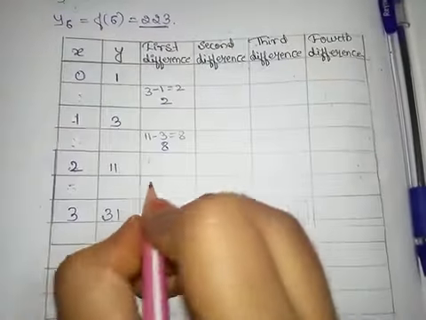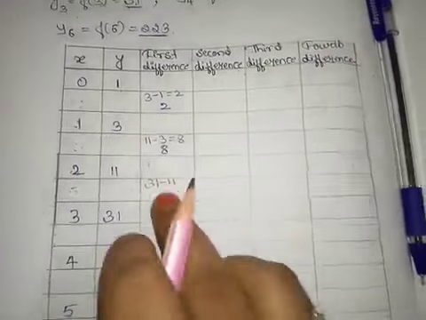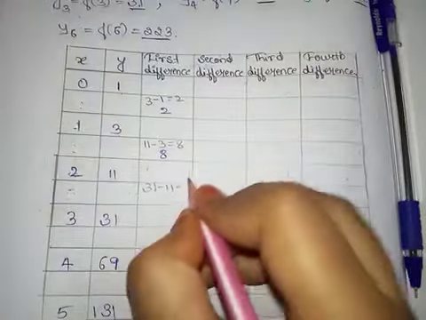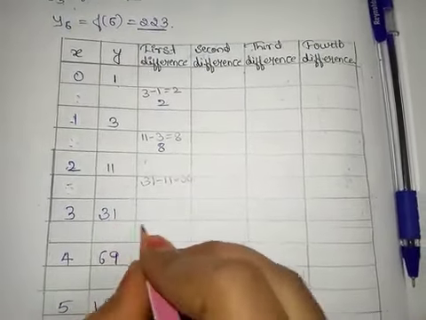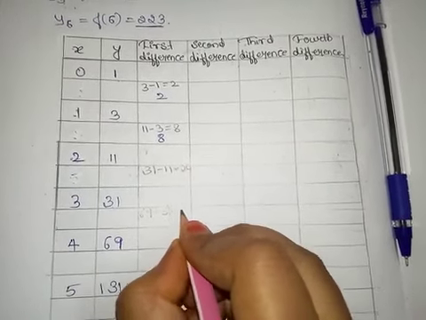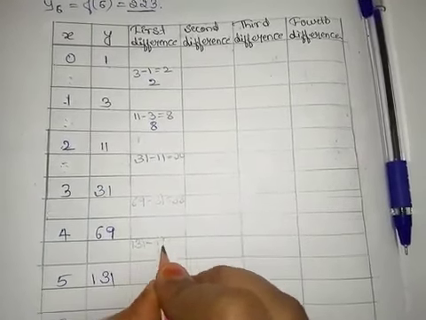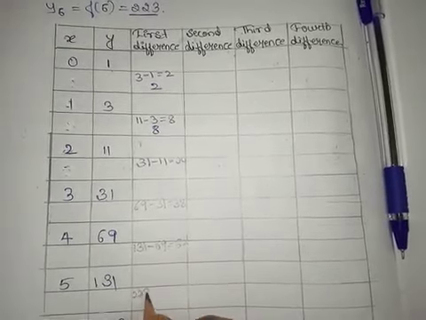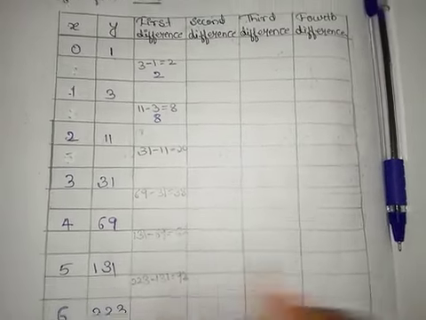I will write here 31 minus 11. Since this is a first example, I am writing like this, only for this example, not for every example. It will be 20, and in between these two, 69 minus 31 is equal to 38. Then 131 minus 69 is equal to 62. Then 223 minus 131 is equal to 92.